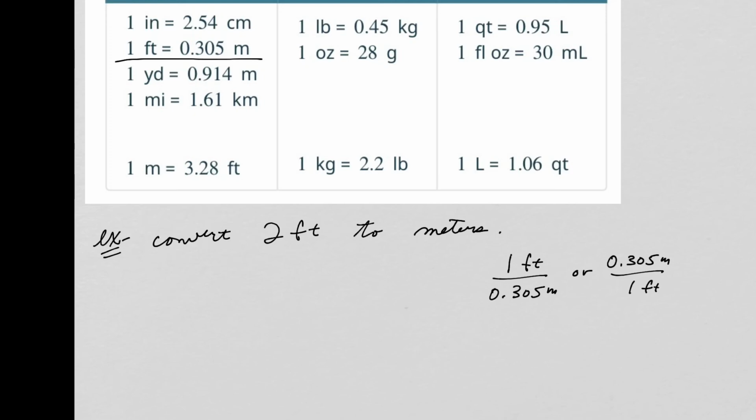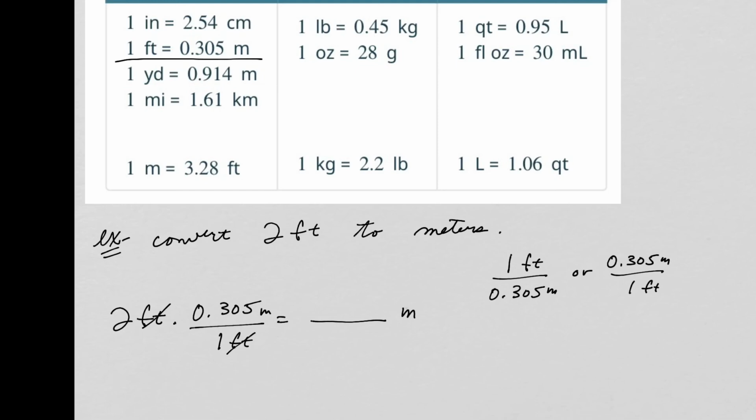So if I start with 2 feet and I want to go to meters, which one do I use? Well, I want feet to cancel. I want meters to survive as the answer, so I need to use this one. Right, 0.305 meters over 1 foot. Now the units of feet will cancel, and meters will survive.